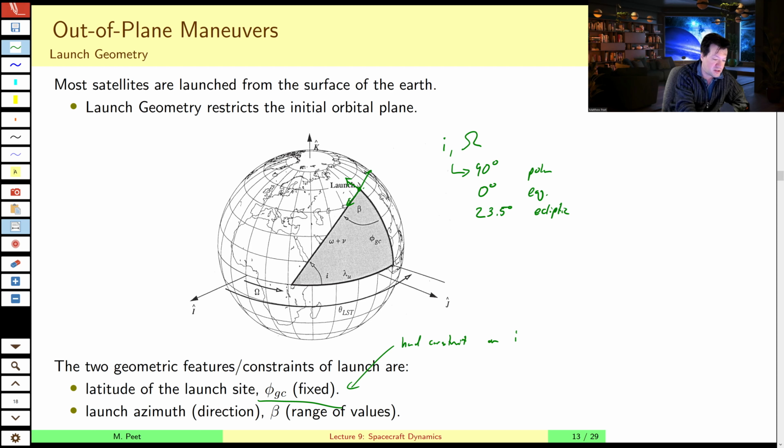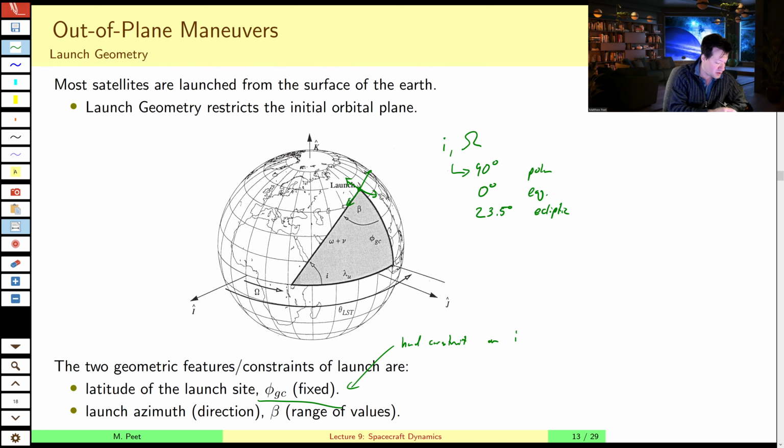We may launch this direction. And we may launch this direction. And depending on that launch direction, we can change or modify to some extent, limited, of course, by the latitude of our launch site, the inclination of the resulting orbit and the right ascension. But as I said, right ascension can be chosen fairly arbitrarily through the use of launch windows.